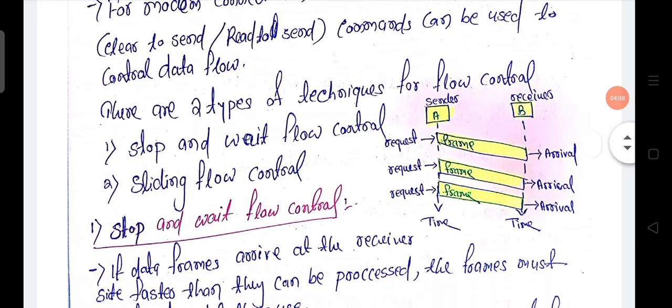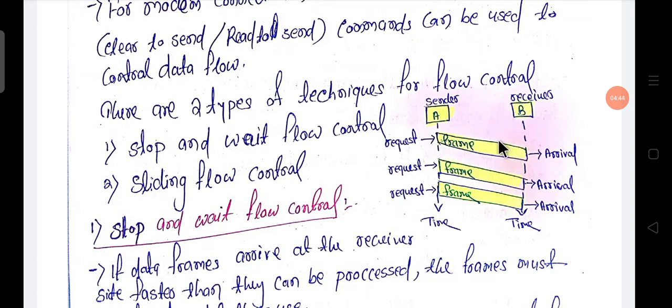There are two types of flow control techniques. One is stop and wait flow control, another one is sliding window flow control. Here you see how data flows in frames. Let's say this is sender A, this is receiver B. First a request happens. After requesting, one frame is transferred from the sender to the receiver.